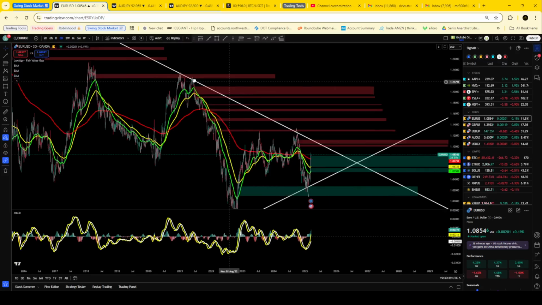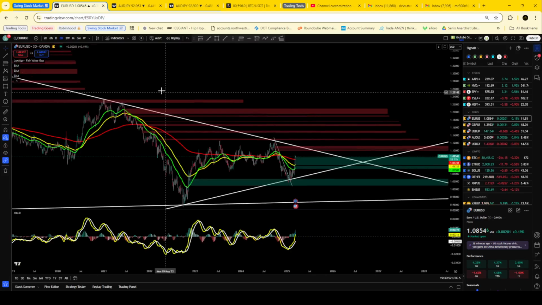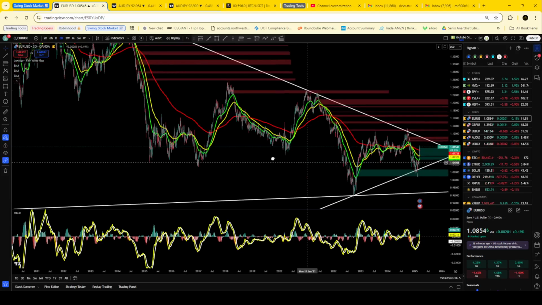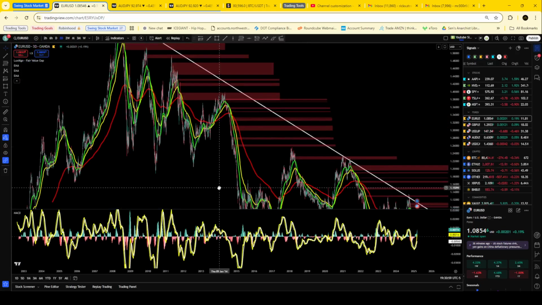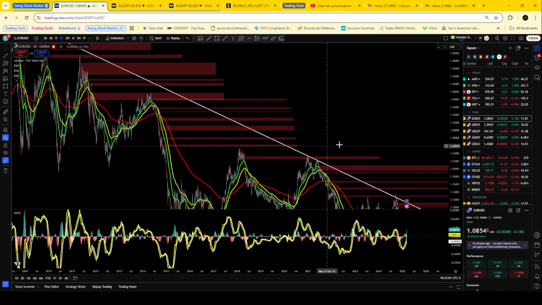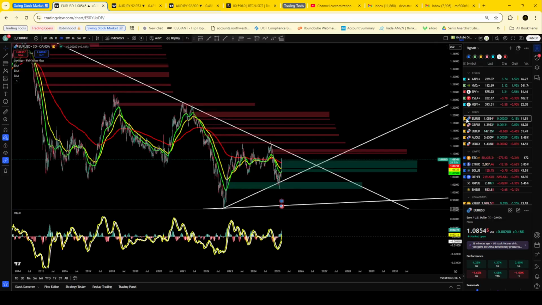Just another little tip: right here would be considered a double bottom. Boom, boom. And I know at a double bottom, price typically shoots up. Let's see, do I see a head and shoulders? No, I do not. So let's move on to GBU.